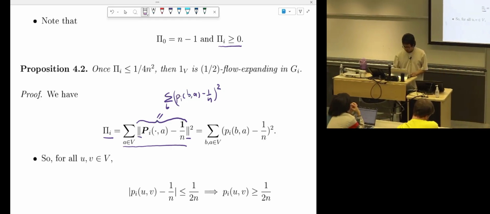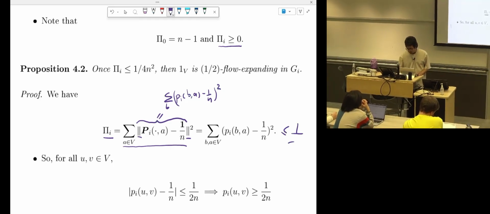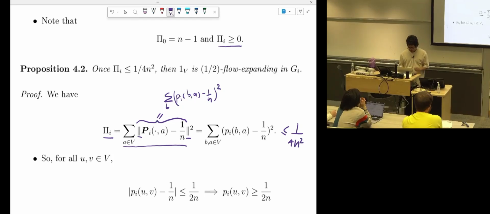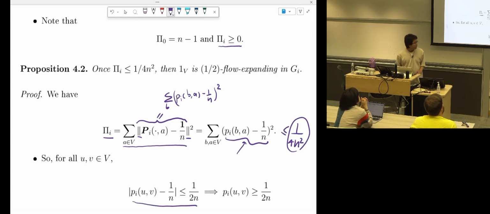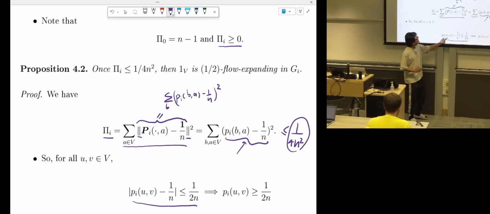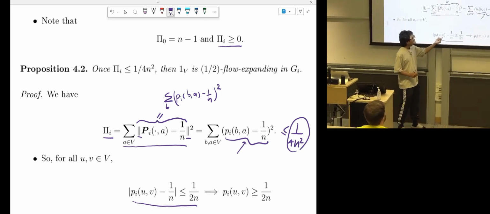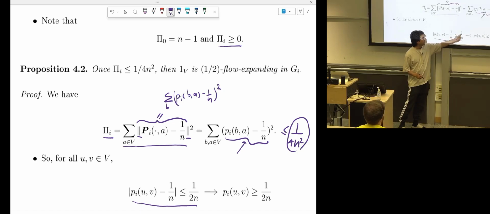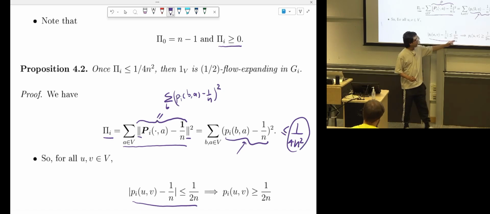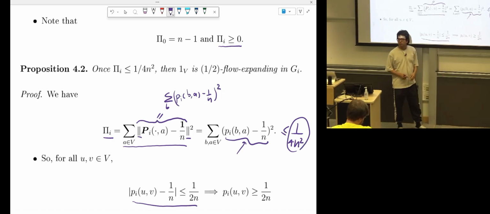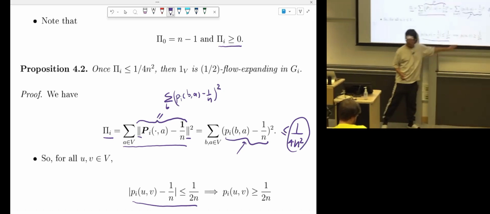But this whole thing is small. It's smaller than this. So it means that individually, each of these terms is less than this thing. So when you take the square root from both sides, you get this. It just means that for every pair UV, it deviates from 1 over n by at most 1/2 over n. Which just means that PI is at least 1 over 2n on every entry.